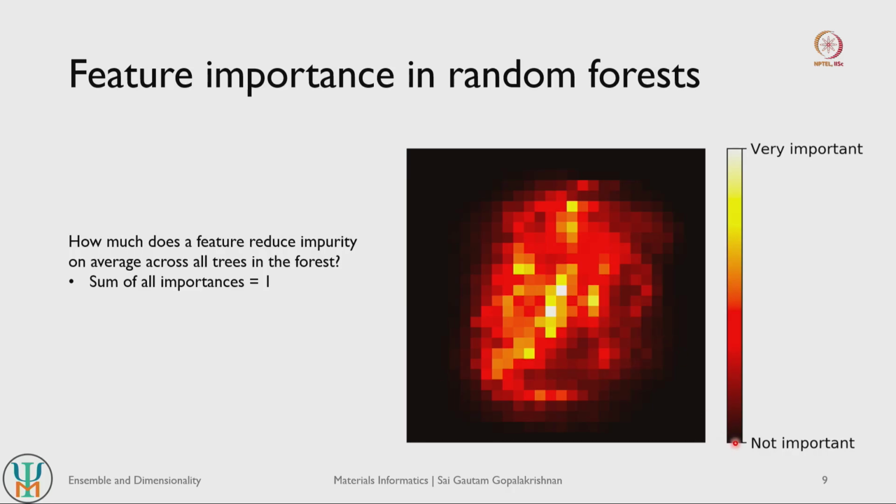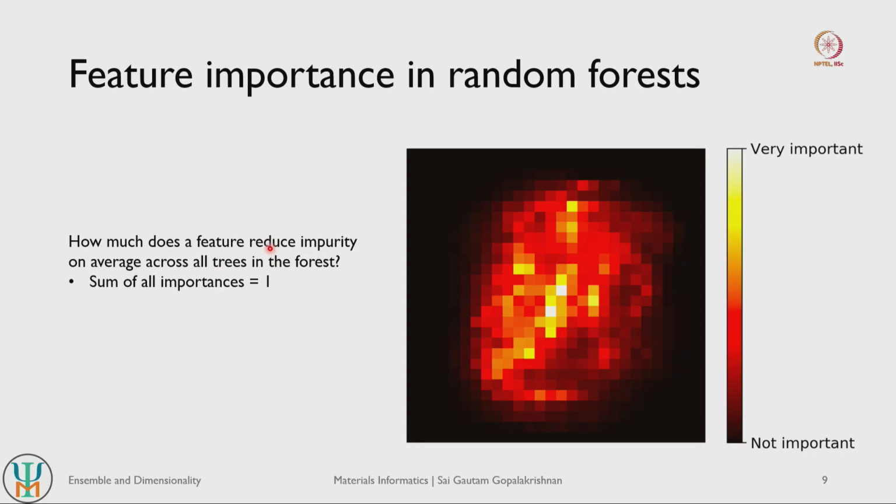Darker pixels here indicate features that are not very important, and lighter pixels indicate features that are very important. With random forest, since you can trace the aggregation of predictions from different decision trees, you can trace the importance of a given feature on the final aggregated predictions based on how it contributes to different if-else decisions.